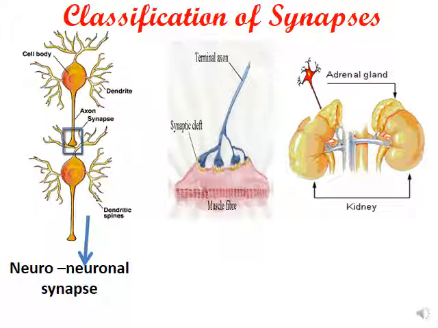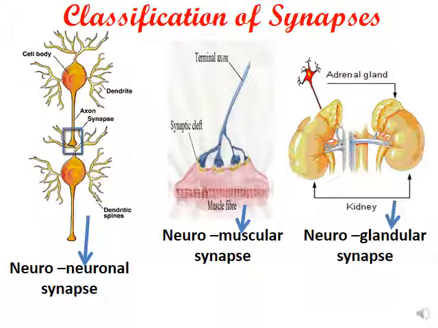Its name indicates that neuronal is between a neuron and another neuron. Neuromuscular synapse is between a neuron and a muscle. Neuroglandular synapse is between a neuron and a gland, for example, the adrenal gland. These two are called neuroeffector, between a neuron and an effector organ or muscle.